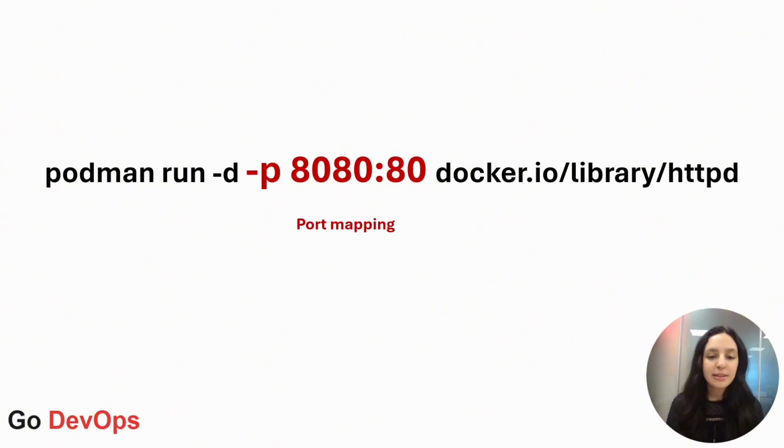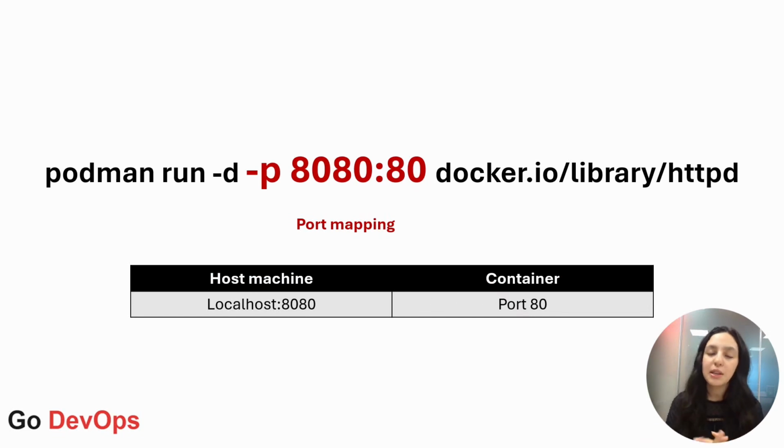So what Podman does here is create a mapping between port 8080 on the host and port 80 inside the container. So when we access localhost 8080, the traffic is redirected internally to container 80.